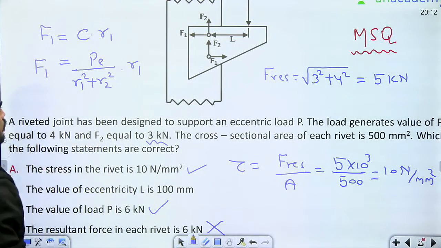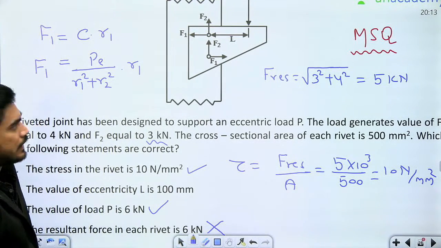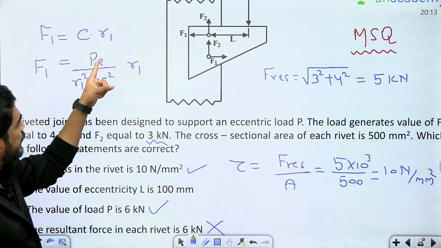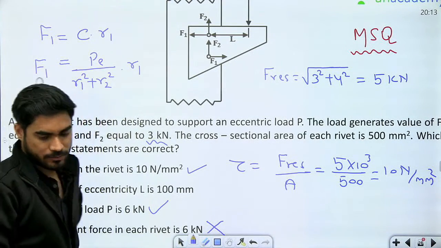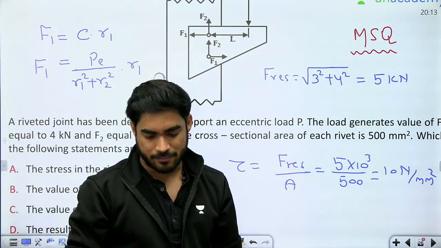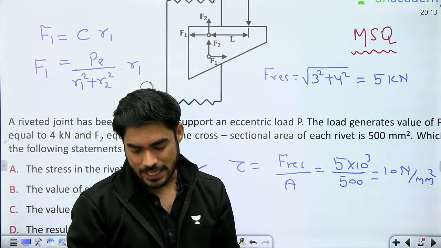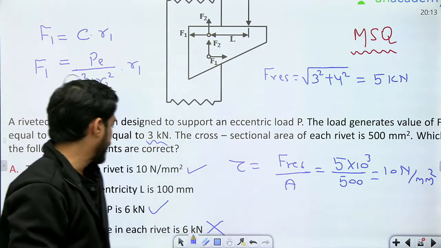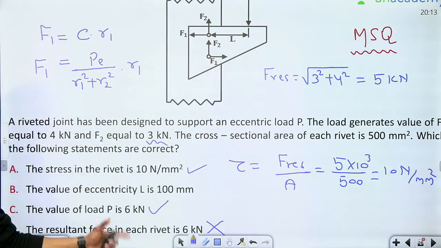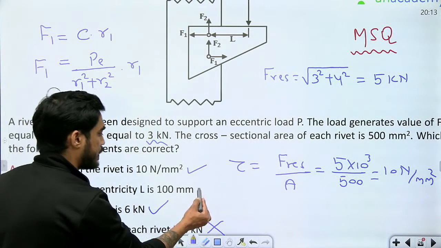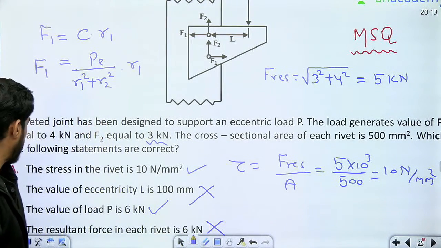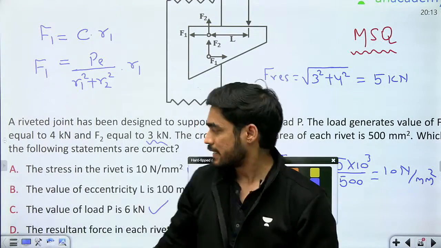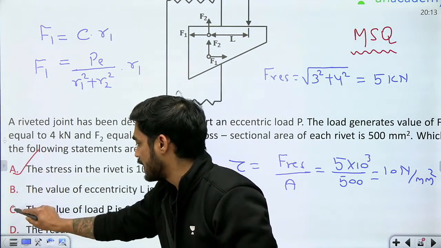In this equation I have F1, I have P, but R1, R2 and E, all three are unknown. So will this ever be found? No, we cannot say that eccentricity is 100 mm. This is not true. So beta, the answer will be A and C.